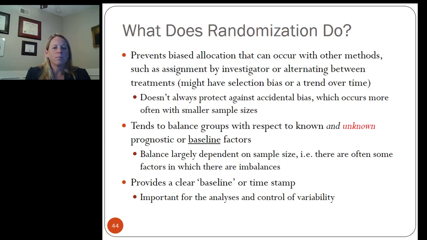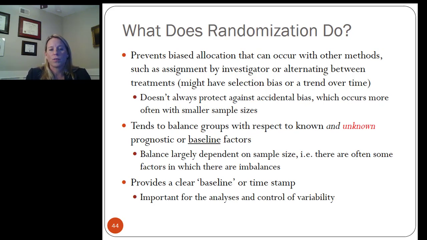While we have many analytical approaches to control for imbalances in baseline measured factors in, say, a cohort study, we are always unable to control for the unknown factors because they simply weren't collected. So assuming a sufficient sample size, randomization will almost always ensure balance of the factors that were both collected as well as not collected.